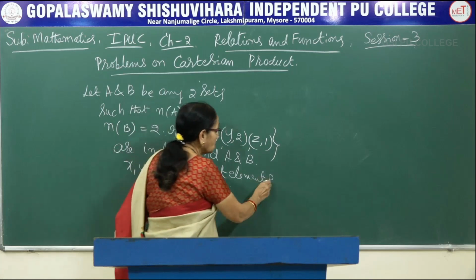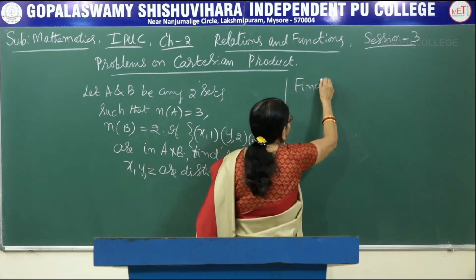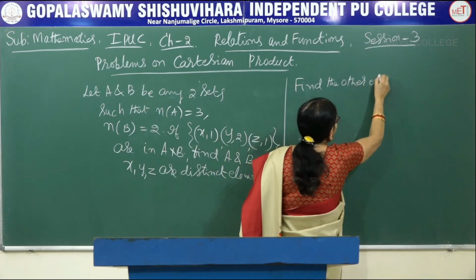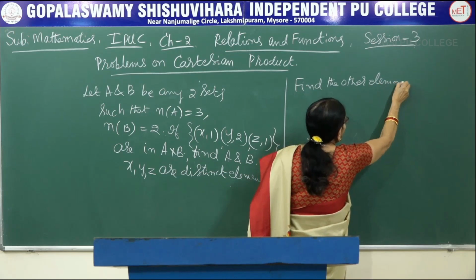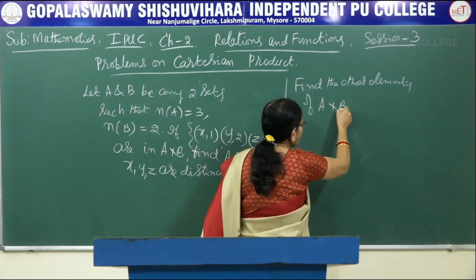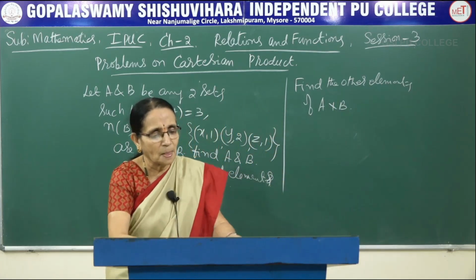Not only this one, there is one more part. Find the other elements of A cross B.